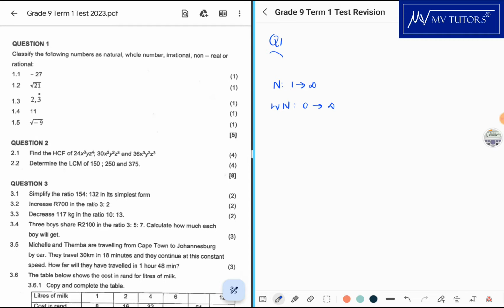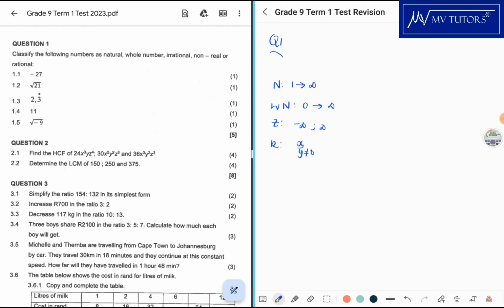Let's first deal with integers, even though they didn't ask about integers, but let's just state: integers are from negative infinity all the way to positive infinity. And then let's address rational numbers. Rational numbers can be written as a fraction x over y, where both x and y are integers, and y cannot be equal to 0.